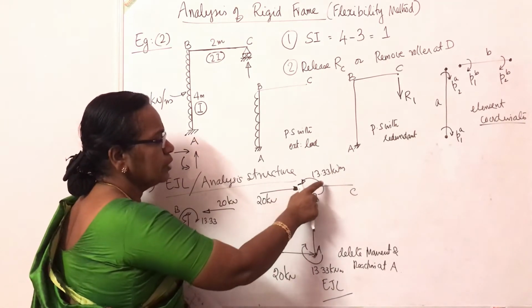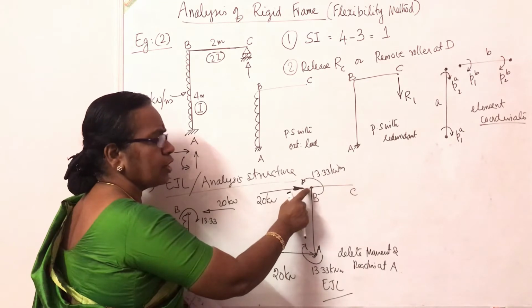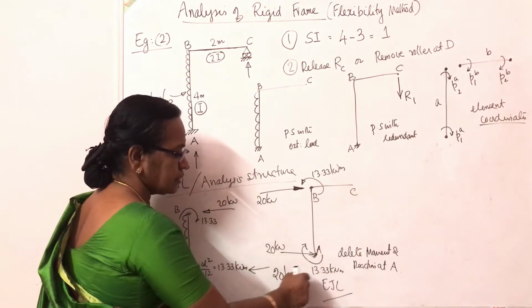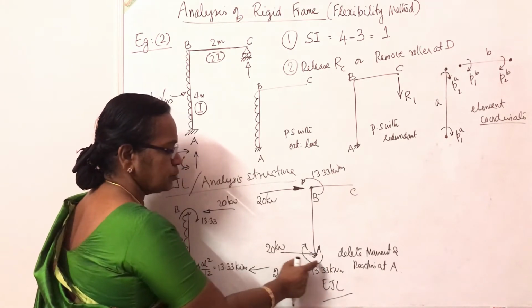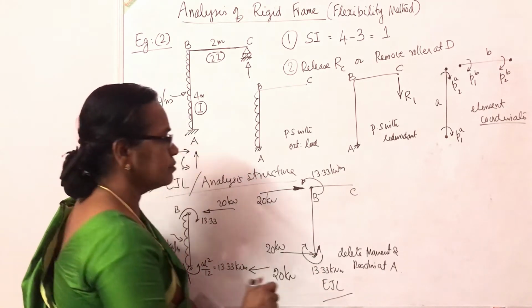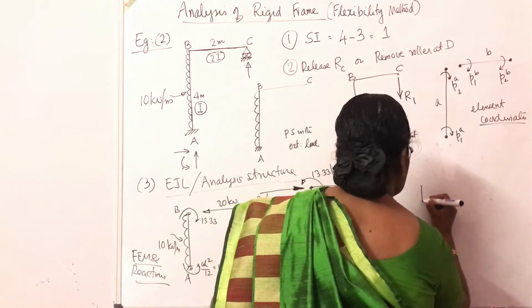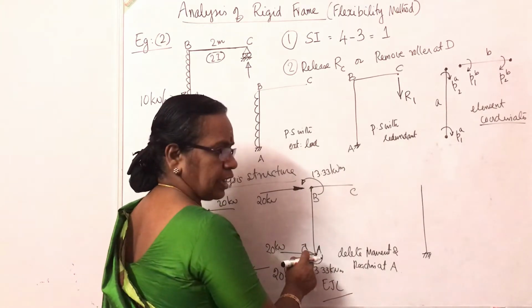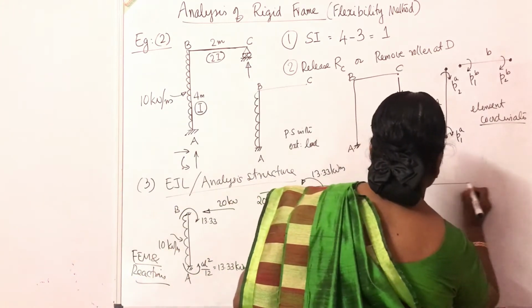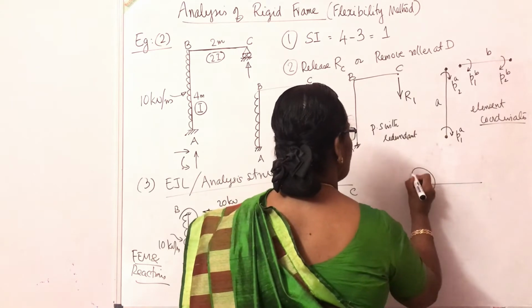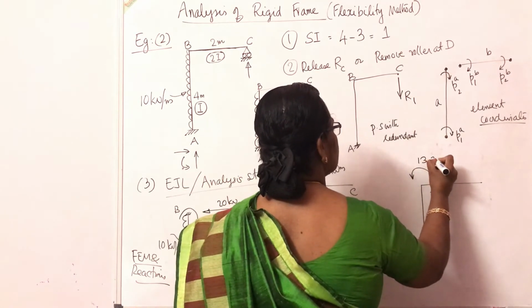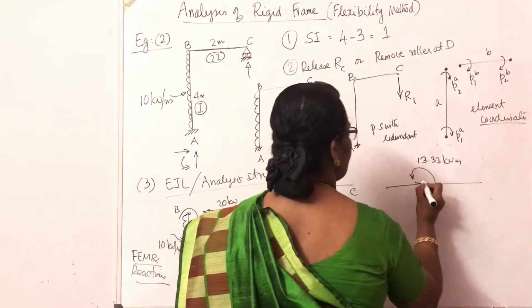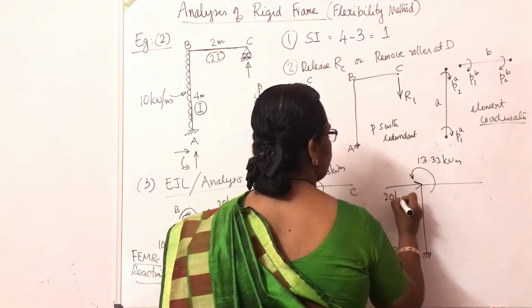So this 20 kilonewton and this 13.33 kilonewton meter acting at joint B have to be considered in the analysis, whereas we can delete these two values. The structure is obtained after deleting the moment and reactions at the fixed support A. So it will be an anti-clockwise moment here, 13.33 kilonewton meter, and a horizontal load at this joint, 20 kilonewton.